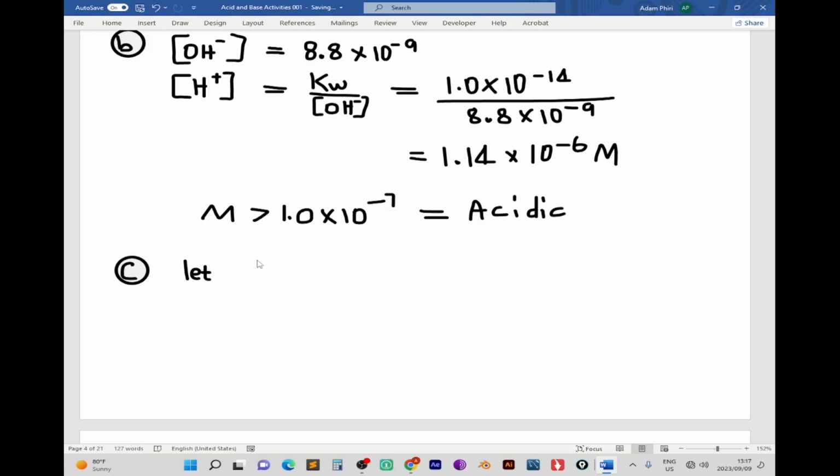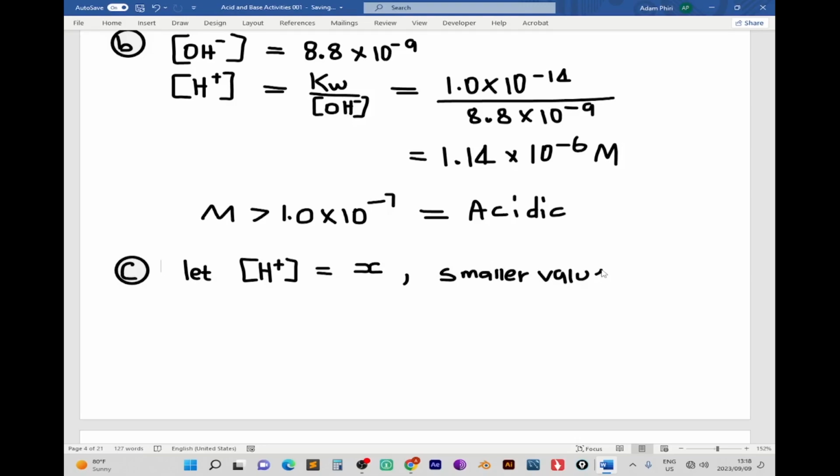Because one is 100 times greater than the other, let the smaller one have a concentration X. So the bigger one will be a multiple of X. Please know this way of solving problems.